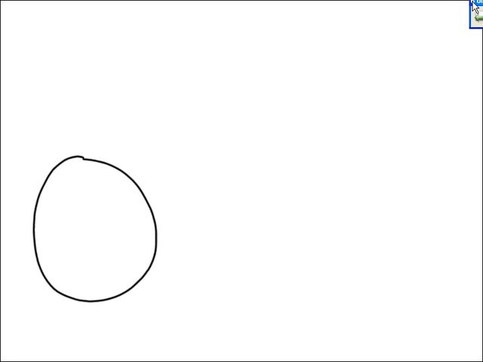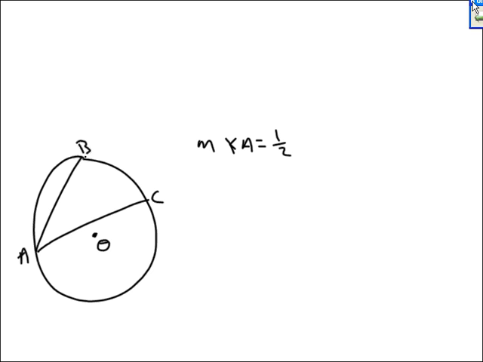So we have a circle, and here's the center, and our inscribed angle is like that. This is O, this is A, this is B, this is C. And I would just love to show that the measure of angle A is equal to 1/2 the measure of arc BC.